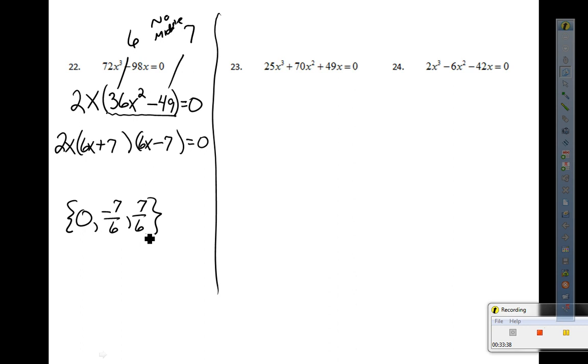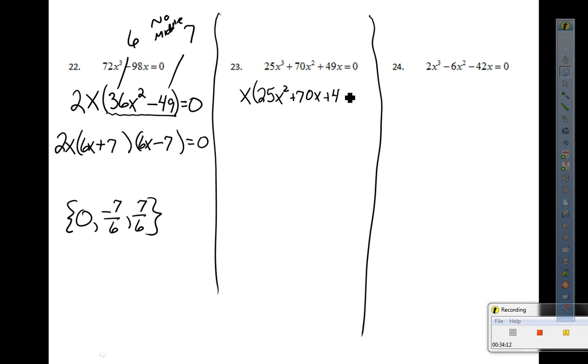So it looks like I just got 2 more. As soon as I see a cube, I know I'm going to take out at least an x. You just have to decide, is there anything else? And I can't find any numbers that go into 25, 70, and 49. So if I take out an x, I'm left with 25x squared plus 70x plus 49.